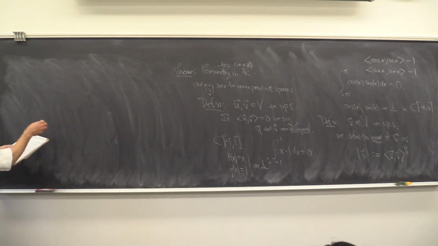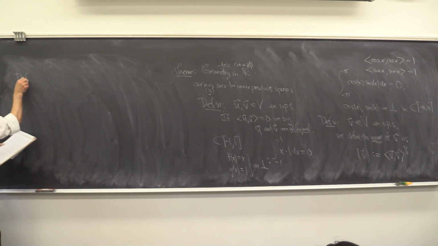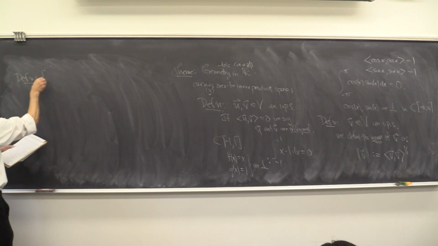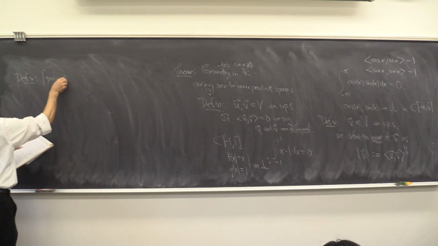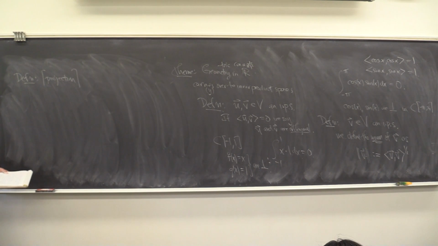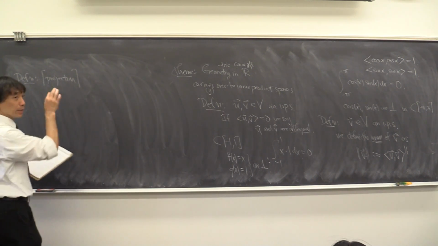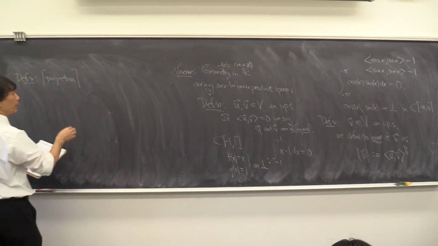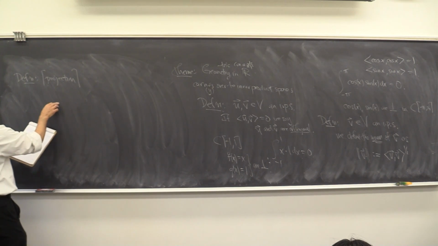Okay. Once we have the idea of norm, we can define the idea of projection, the projection of one vector onto another. It's basically just a generalization of the Euclidean idea.